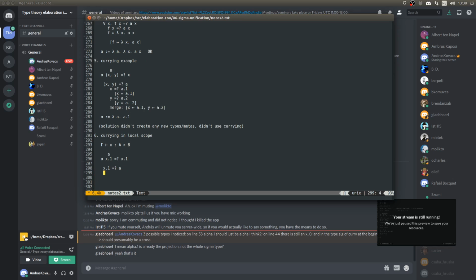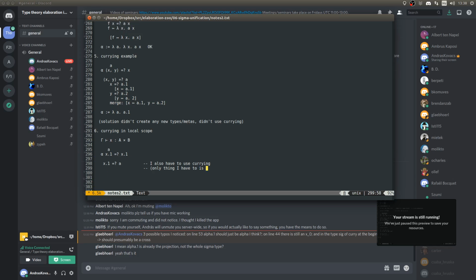And then I also have to use currying here, but in general, the only thing that I have to do is basically eta expansion, and the eta expansion is the most efficient operation.